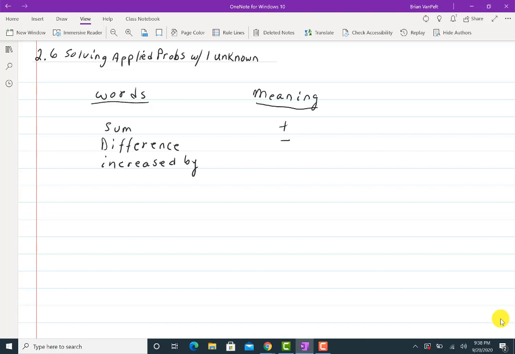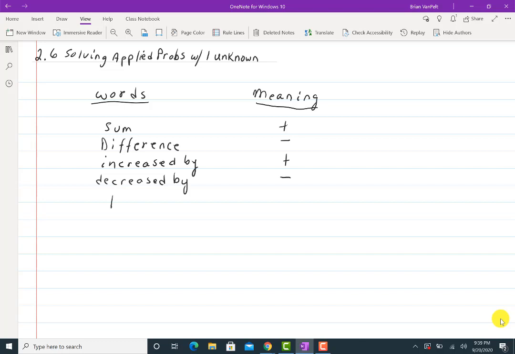Increased by is addition. Decreased by, subtraction.